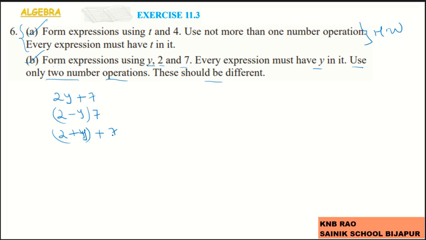Oh, here it must be different, so let me take 2 plus y minus 7, we can use like this. So two different operations and each number is used only once. Only two number operations, those two operations are different, and every expression contains y. So these are examples.